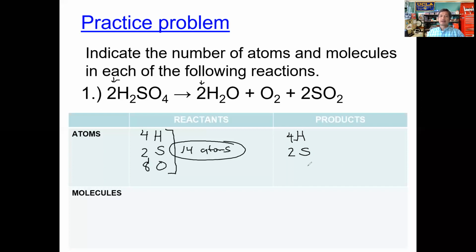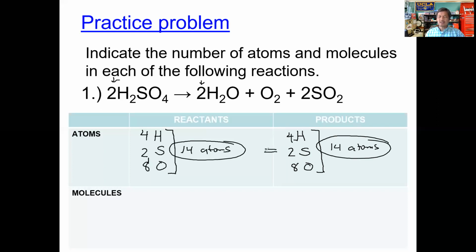Now the last thing is let's count oxygens. Here in one water molecule we have 1 oxygen atom. In 2 water molecules we'll have 2 here, 2 here, and 4 here. So we have a total of 8 oxygen atoms as well. When you total up the atoms here, you also have 14 atoms on the product side.